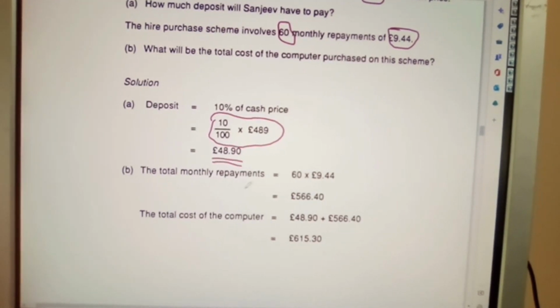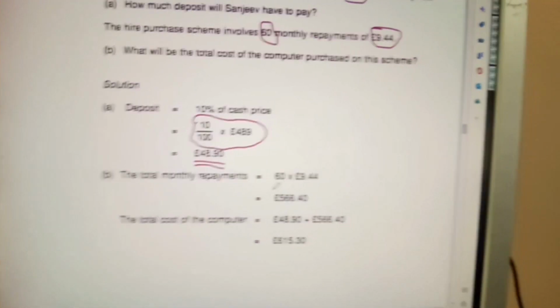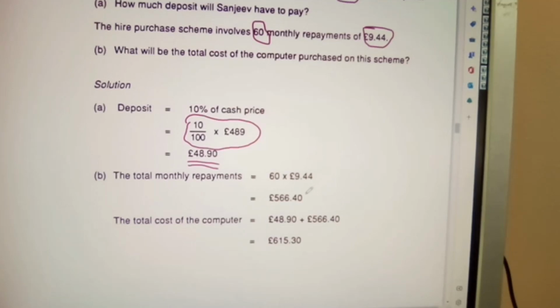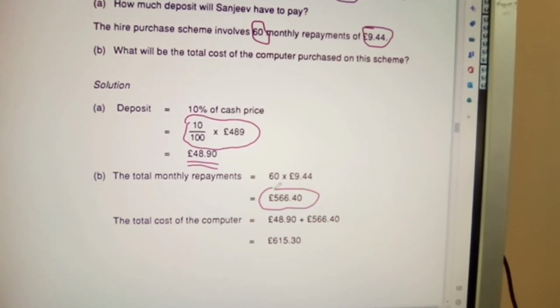The total monthly repayment equals 60 times 9.44, which equals £566.40.